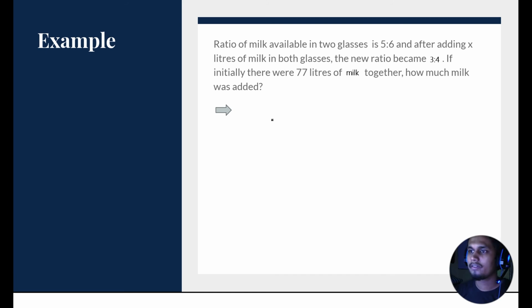Here we have 5 is to 6 as the initial ratio and 3 is to 4 as the final ratio, and we have x as the amount that was added to both the glasses.